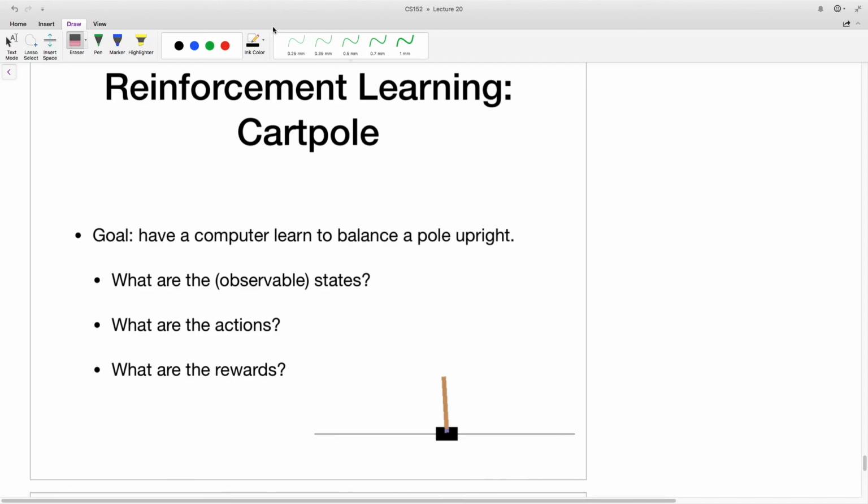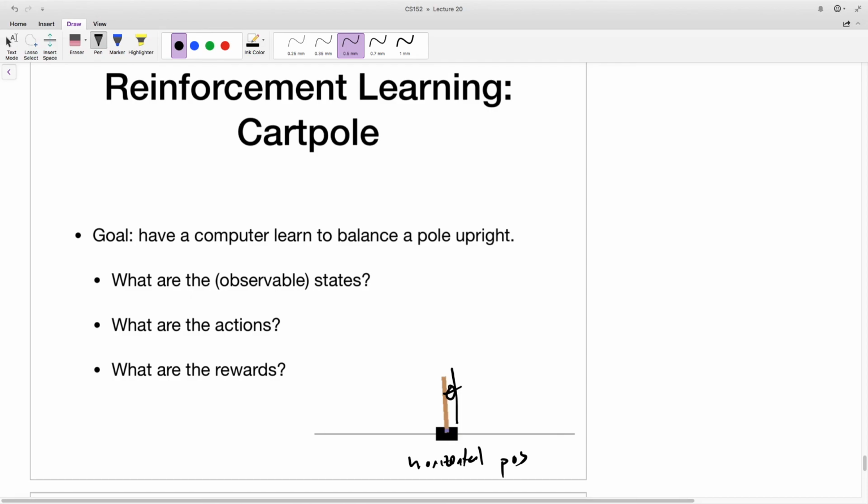We would want to know the angle, some theta, of how far over it is. What else do we want to know? The horizontal position.